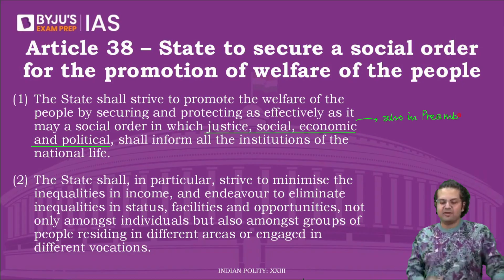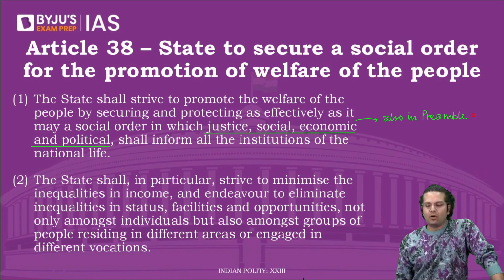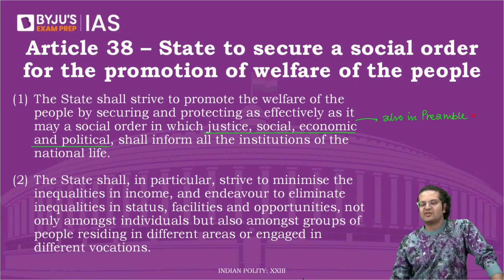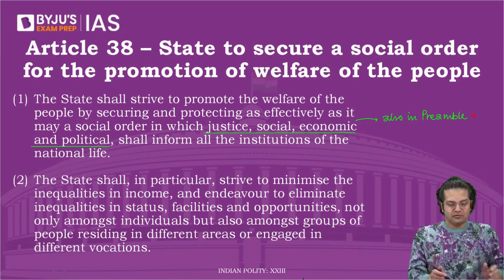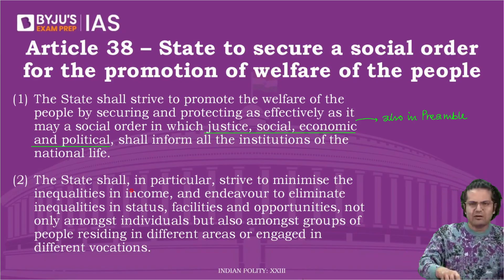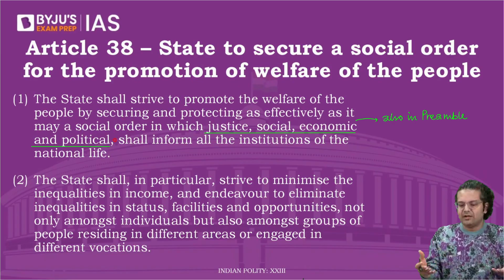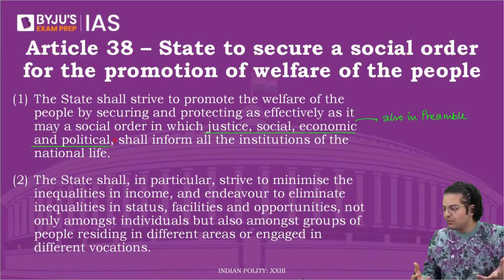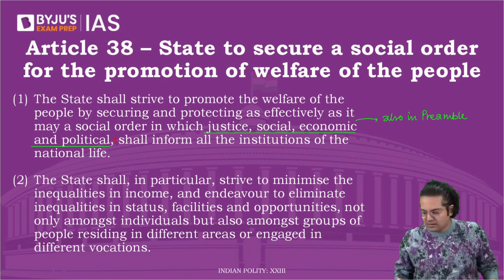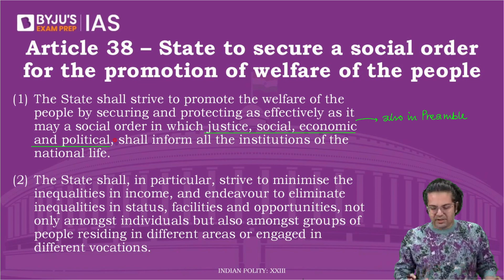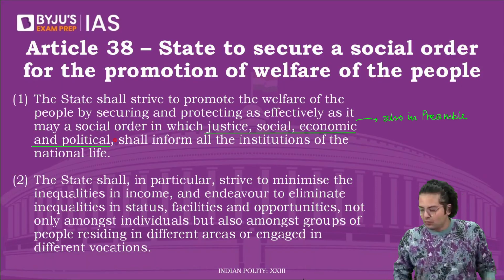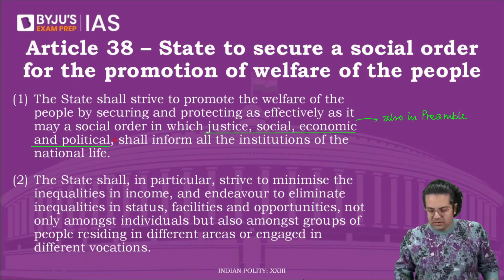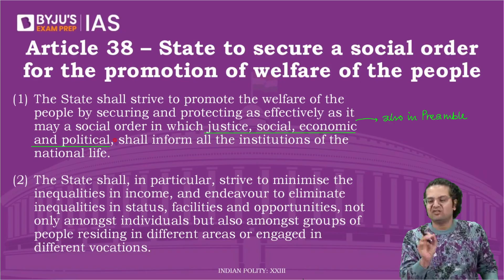So we have a common phrase: shall inform all the institutions of the national life, and the state shall in particular. So see, the first part of the article is very vague, that the state should ensure to provide social justice, etc. But then this particular article becomes very, very narrow, very, very accurate, and expects us to do something in a very precise manner.